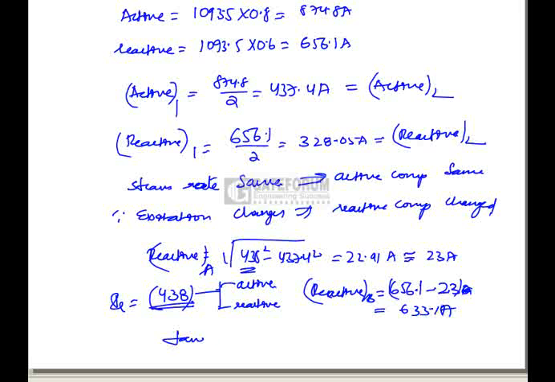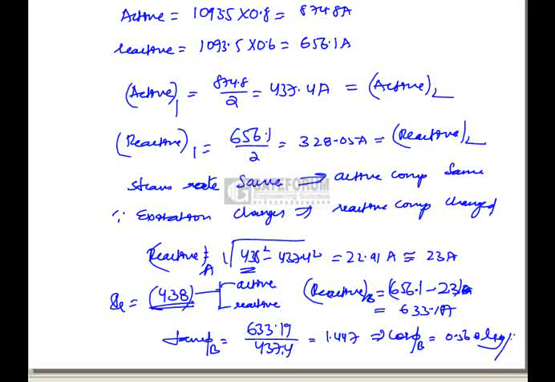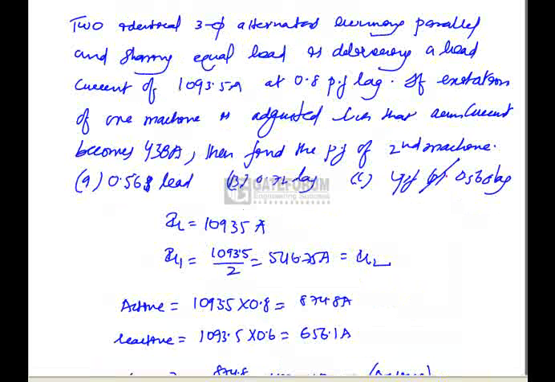Now tan phi B is equal to the reactive component, 633.1 by 437.4, which is equal to 1.447. Now cos phi B, that is the power factor of machine B, is 0.568 lagging. Option D.